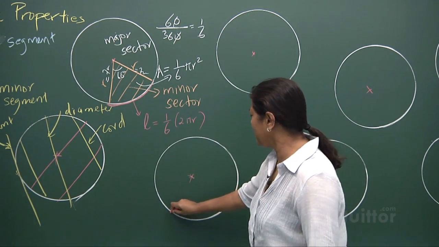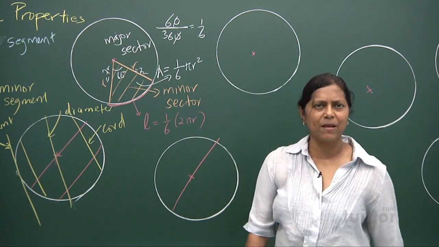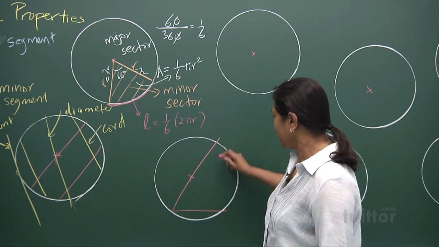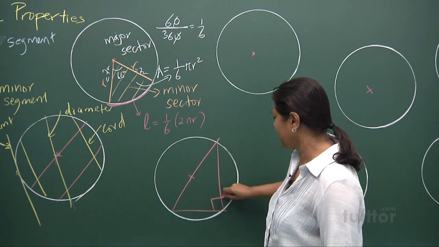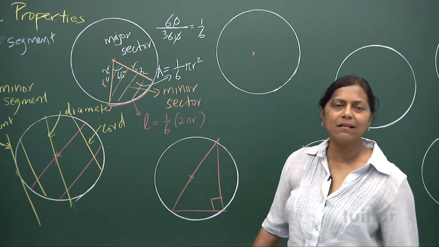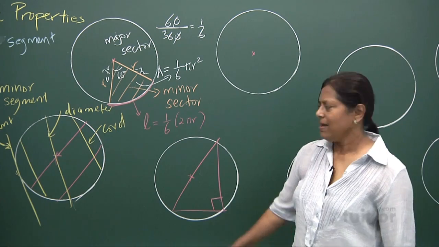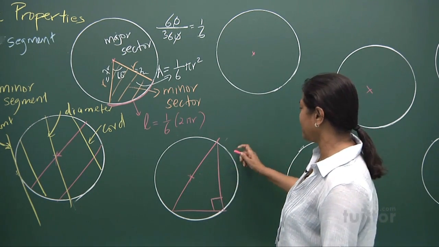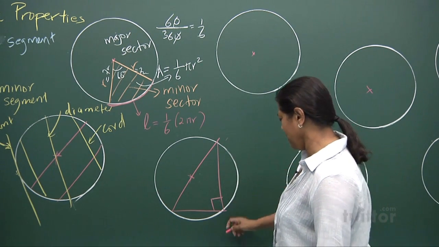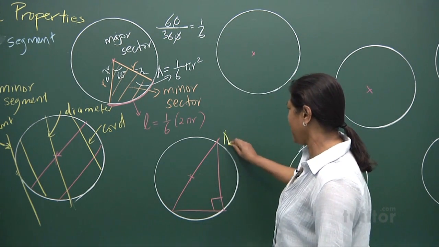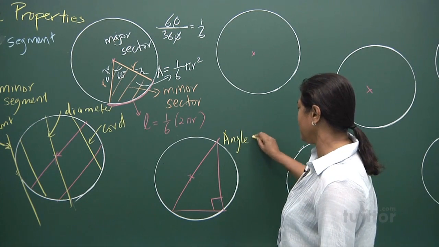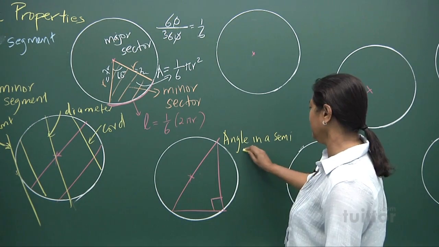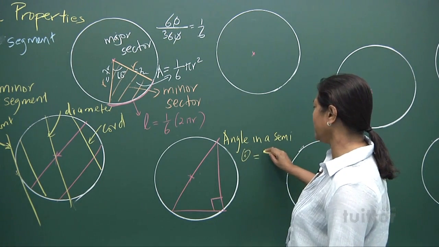Now, if I have a diameter running across, I'm sorry, my center didn't look so right. And if I have a triangle coming up from it, this is called angle in a semicircle. As long as I have a diameter, this is called angle in a semicircle. So the property here is that the angle in a semicircle is equal to how much?